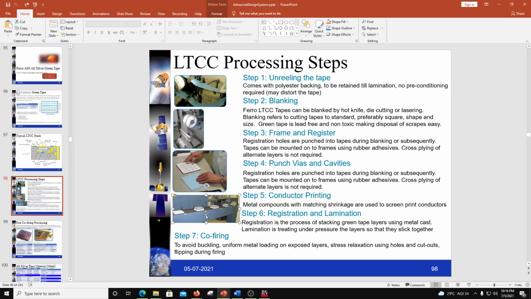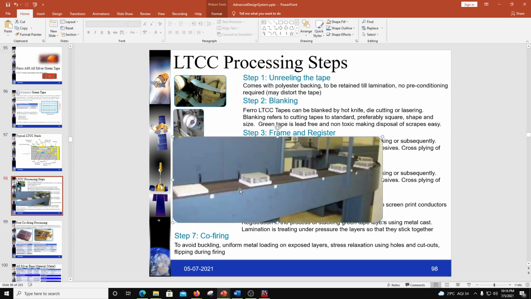Once all the different layers are applied, it looks something like this. These are stacked one on top of the other, and this conveyor belt takes it through the oven, and when they come out of the oven, they are cured. In some cases you might have to flip these, because if the different layers are not loaded uniformly with the metal paint, then the shrinkage would differ on different layers and it may buckle. So in some cases you flip the entire assembly to cure it uniformly.